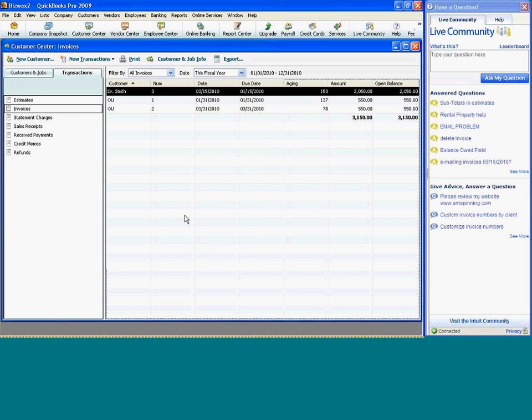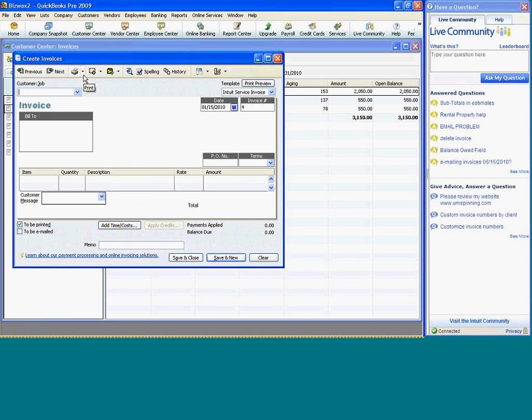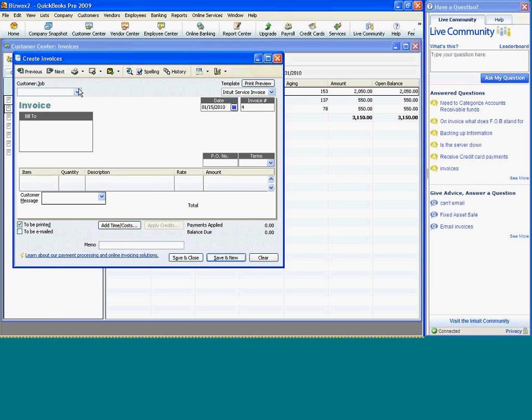Okay, and I want to have another transaction for Dr. Smith. Okay, and the item again is computer service, and this time will be $4,000.